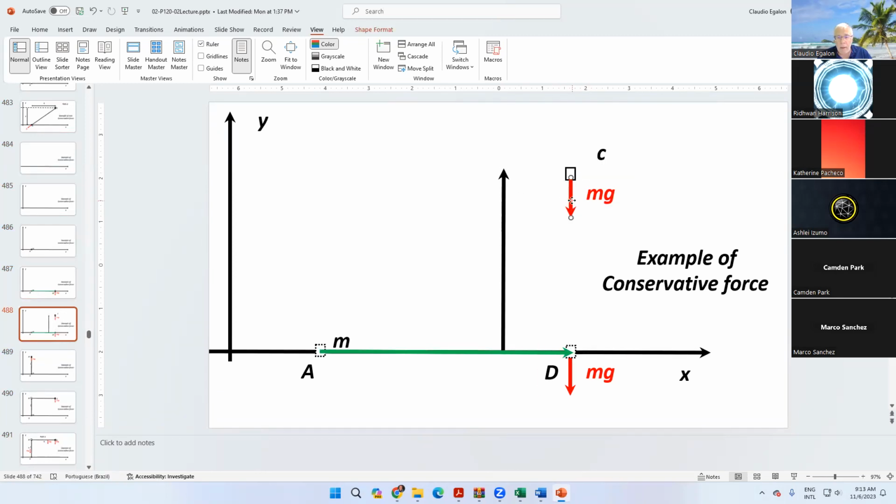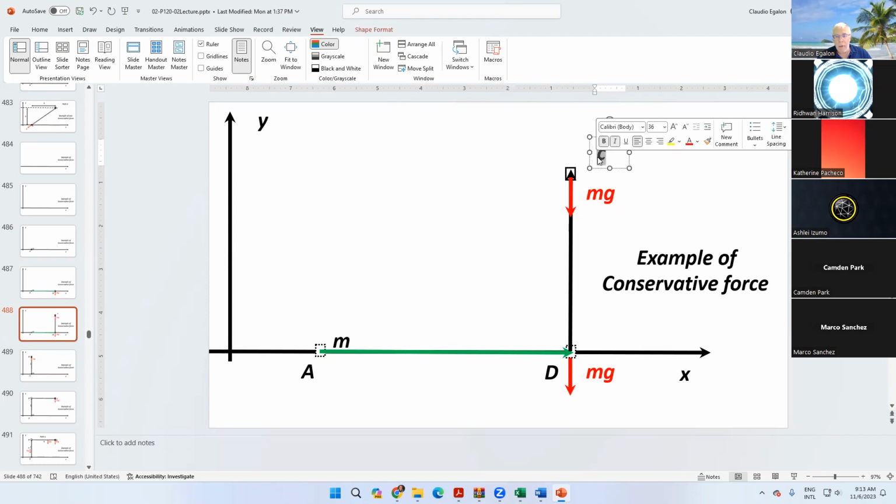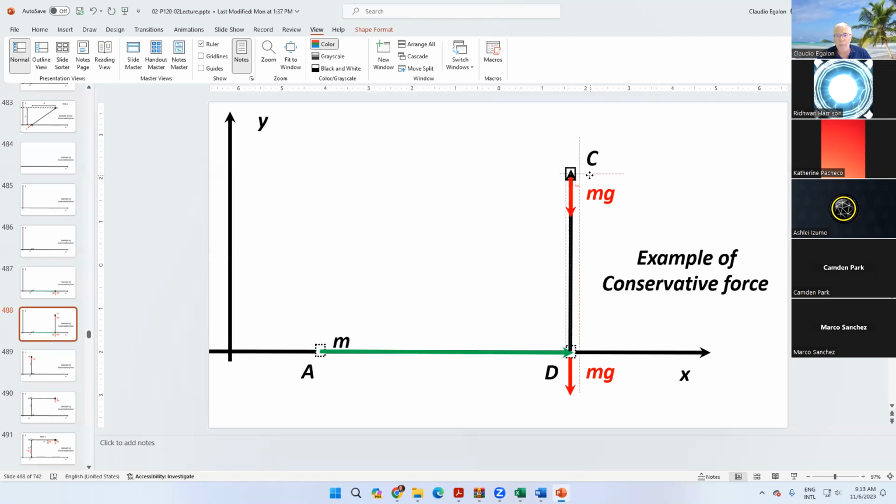Bring to the front. Now I can bring this back here. Sometimes PowerPoint is tricky. Like that. Point C, I'm going to put the capital point C. Two different paths.